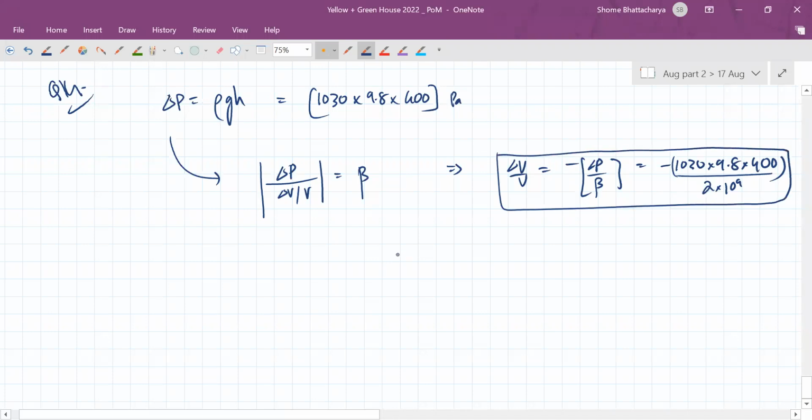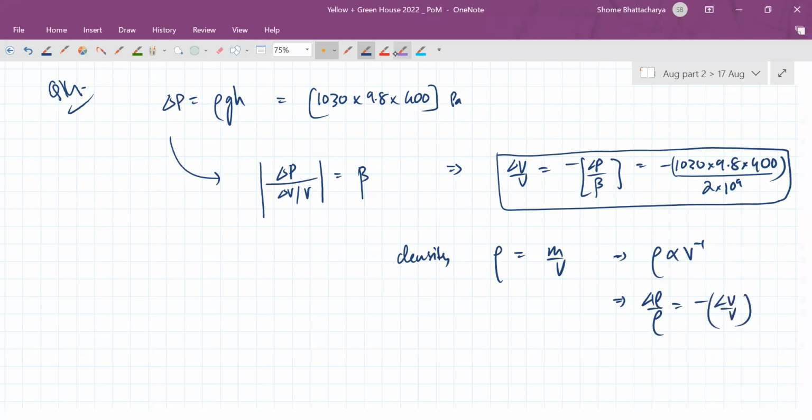Okay. Now density is equal to mass upon volume. No? So density is inversely proportional to volume. So fractional change in density or percentage change in density is negative of fractional change in volume. So if the volume decreases, the density will increase by a factor.